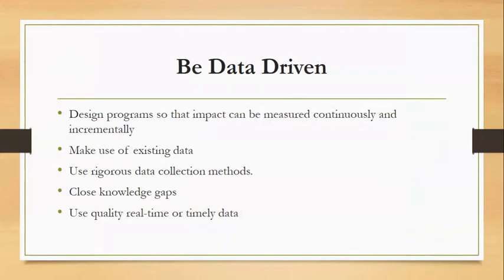These are the core tenets for being data-driven as a principle of digital development. One: design programs so that the impact can be measured continuously and incrementally, focusing on outcomes, not just outputs.